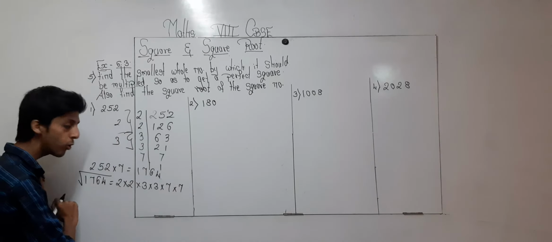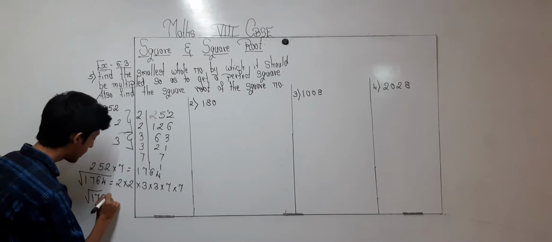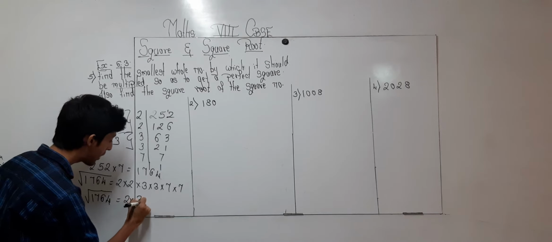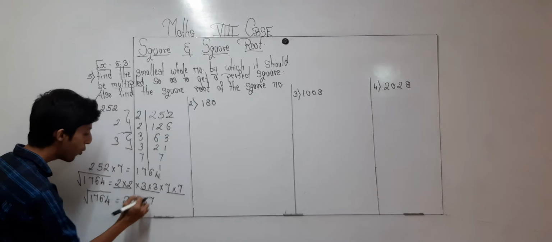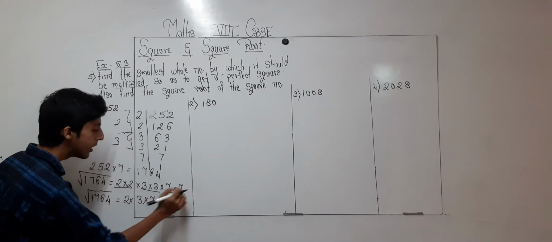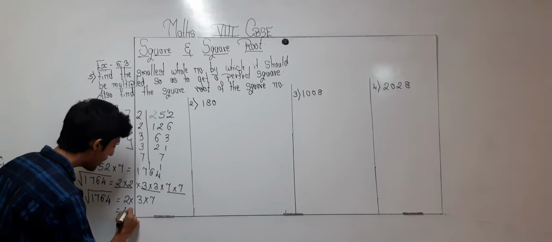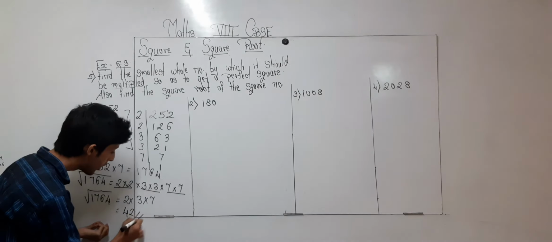So root of 1764 is equal to 2 multiplied by 3 multiplied by 7. That gives me 2 3s are 6, 6 7s are 42. So root of 1764 is 42.